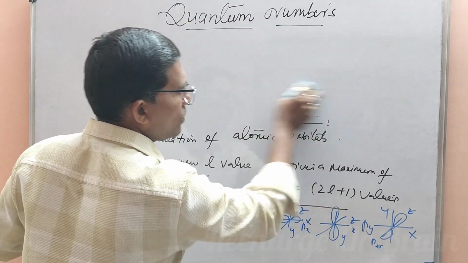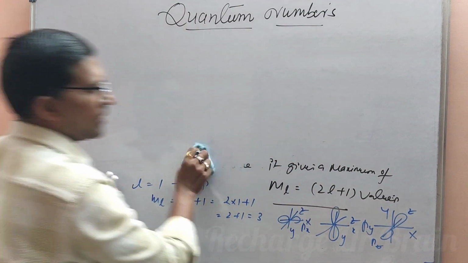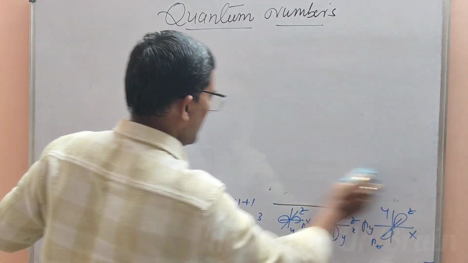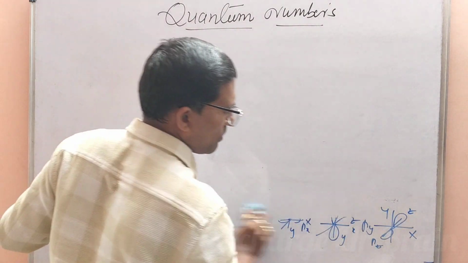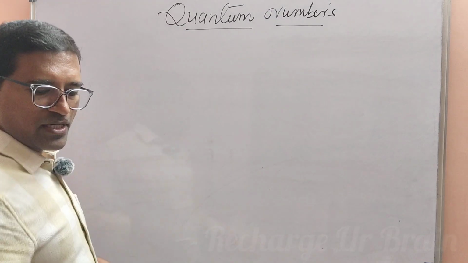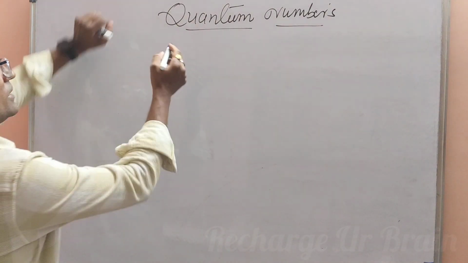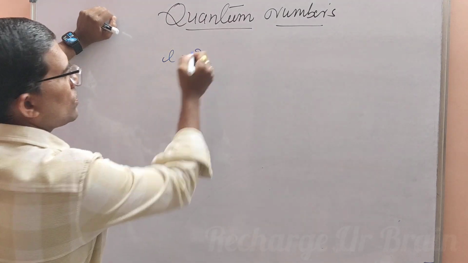If l = 1, we are getting 3 orientations, that is the p orbitals, px, py, pz. And if l = 2, how many orientations are possible and which type of subshell will come? That is the d subshell. I explained l = 0 and l = 1, now I will take l = 2.